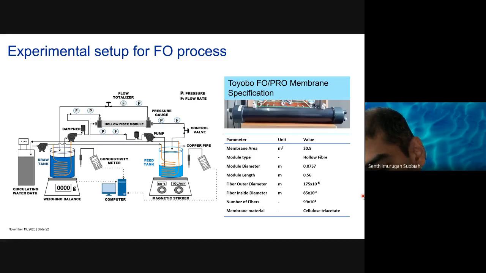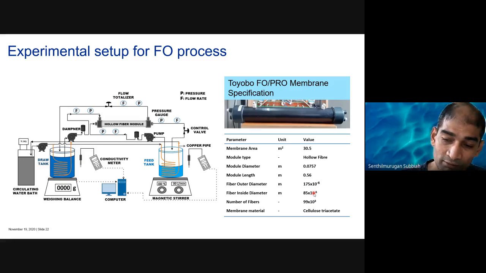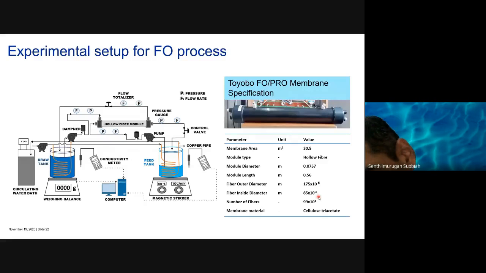This is basically a hollow fiber module. The module has a huge number of fibers, around 99 times 10 to the power 3, more than around a lakh fibers. The fiber inside diameter is something like 85 micron, which is like our hair size. Our hair size is something like 175 micron.